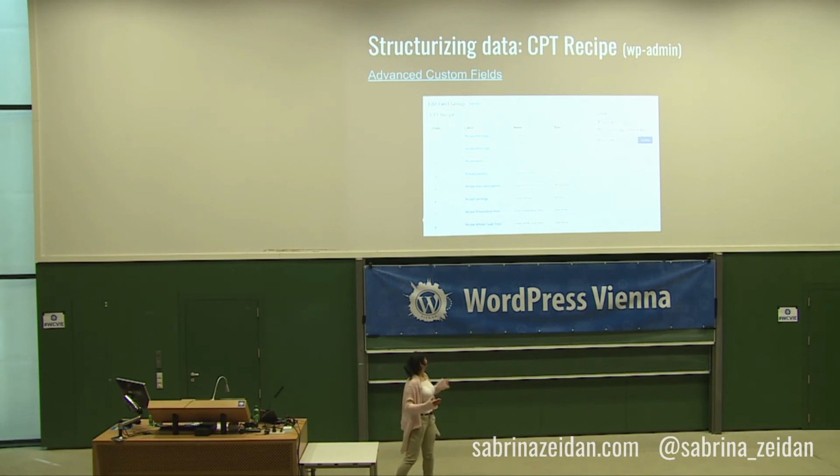Just as an example, this is the custom post type recipe, and there we have ingredients, like products that go into this recipe. The repeater field lets you set it up just once, and then you pick as many products as you need and specify the amount of each product. No need to make a separate custom field for each ingredient.